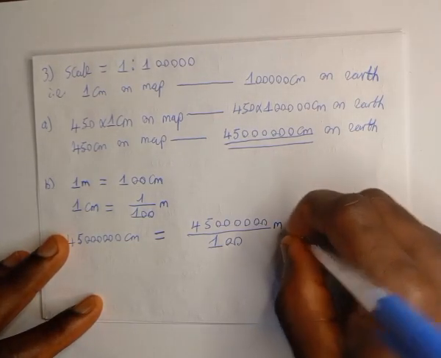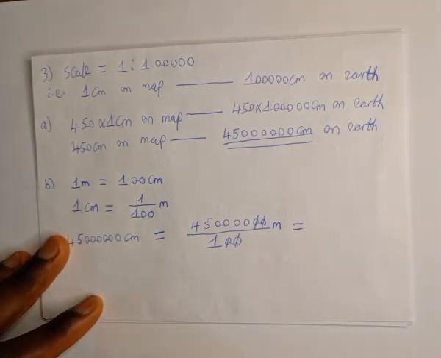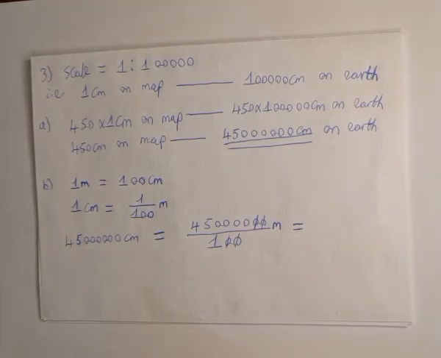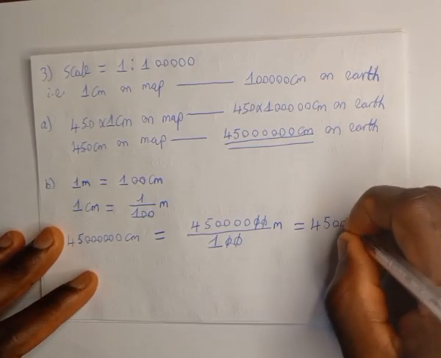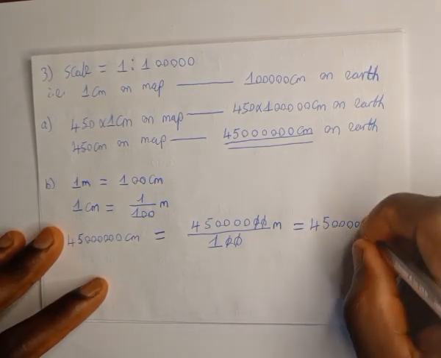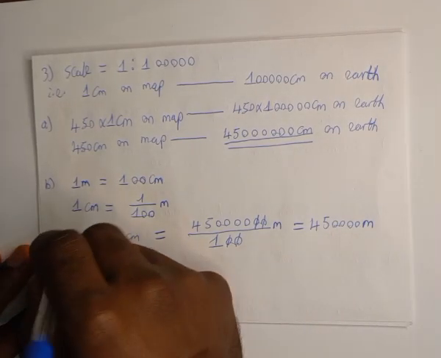This will simply be equal to, strike 2 zeros, we'll be left with 450,000 meters.